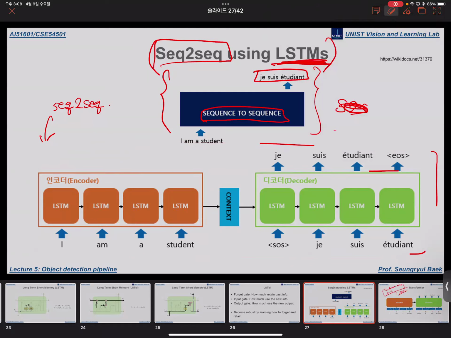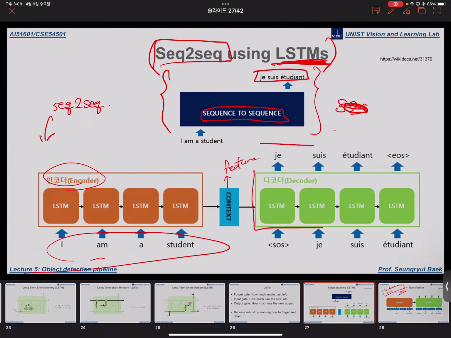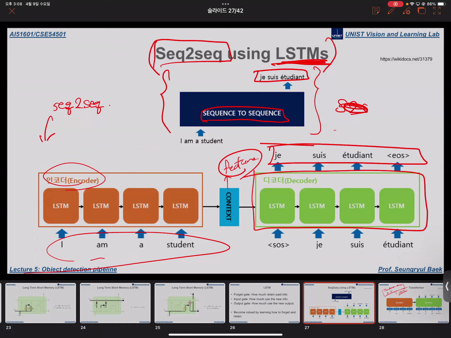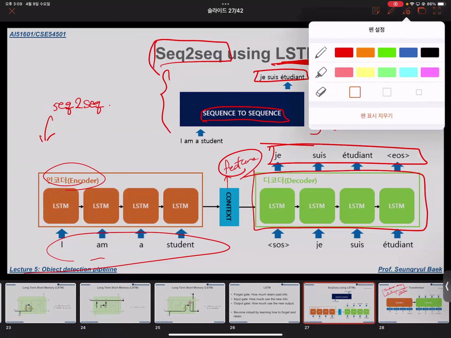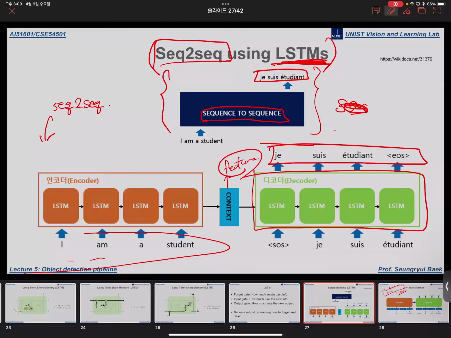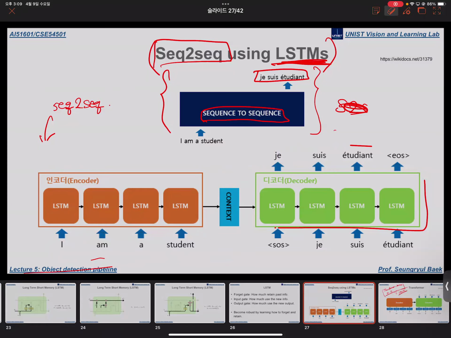What the encoder does is generate a feature from the input signals. What the decoder wants to achieve is, using this feature, to make the final output. That's what the decoder is doing. I will explain how this algorithm works now.